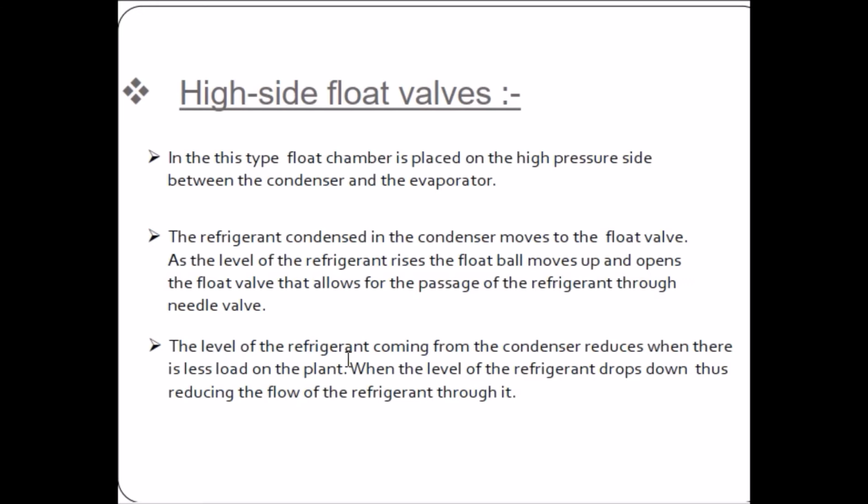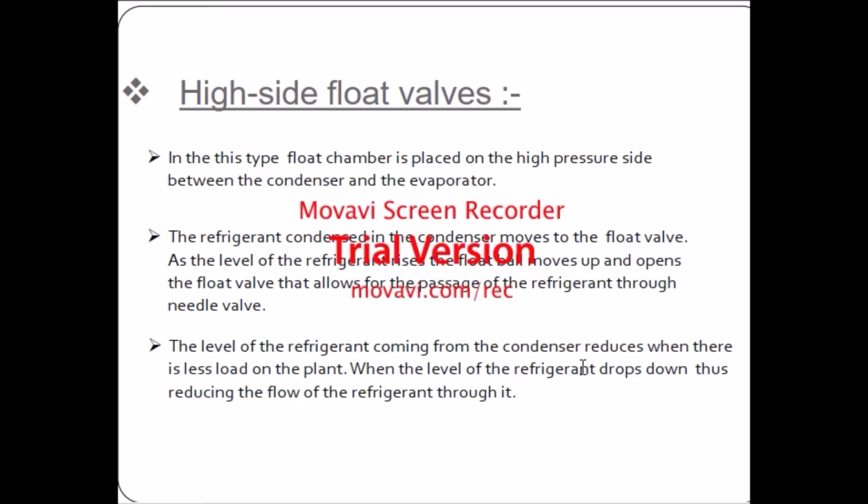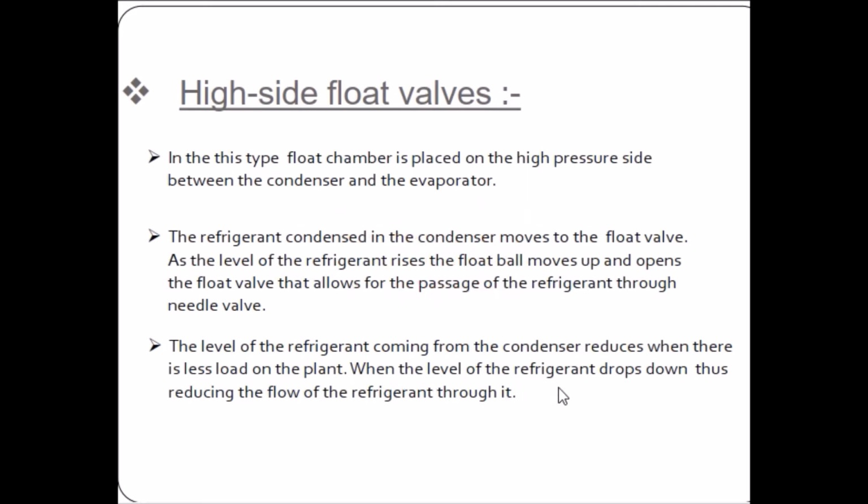The level of the refrigerant coming from the condenser reduces when there is less load on the plant. When the level of the refrigerant drops, the flow of refrigerant through it is reduced.